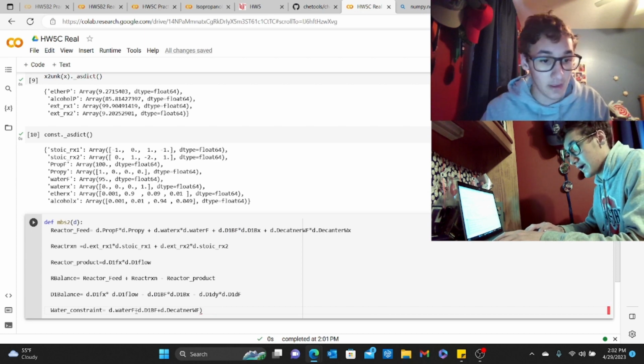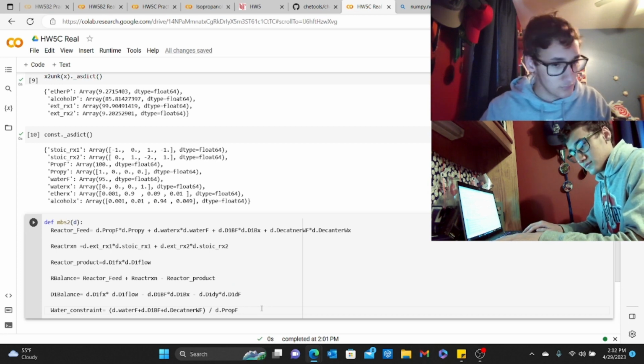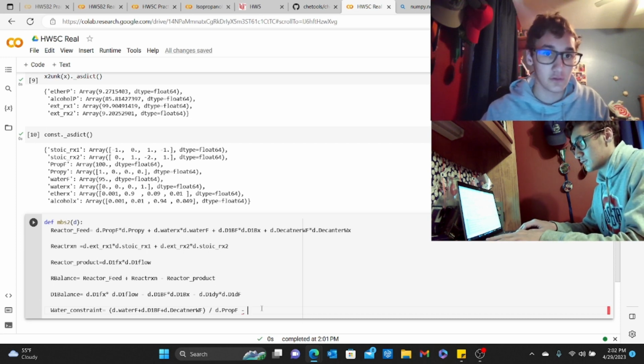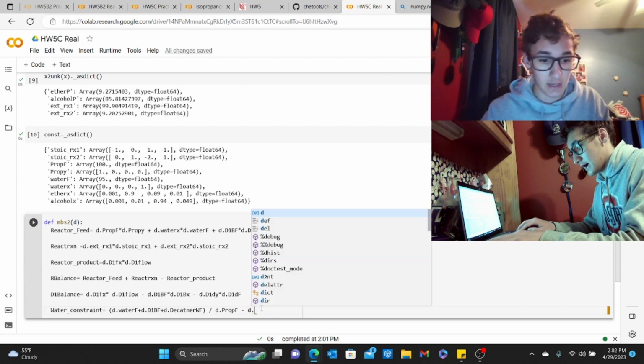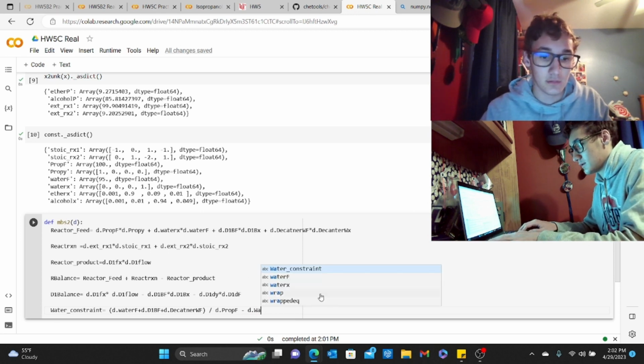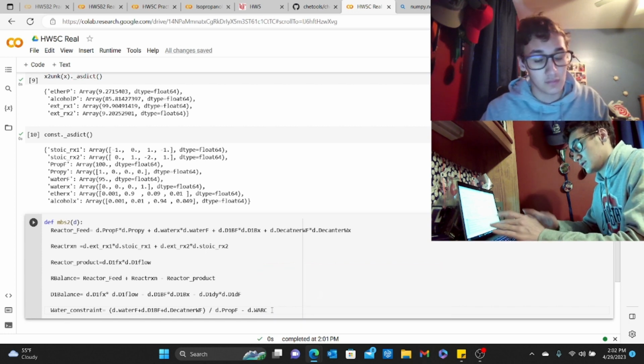And now we're also going to divide this by the alkene rate, as that's the primary, divided by our d dot prop F. I think it's uppercase P. And then we're going to subtract by our water ratio, which we're going to call d dot water alkene ratio constant, which is 12.